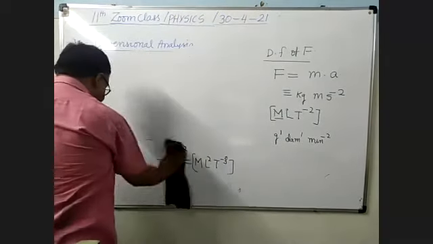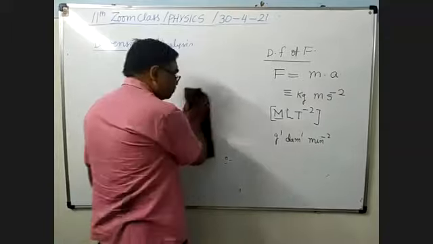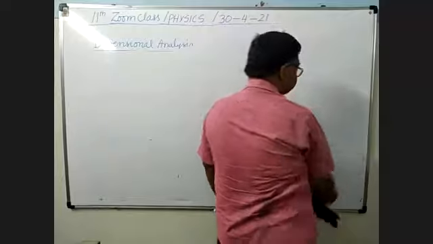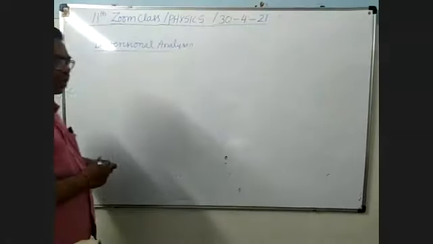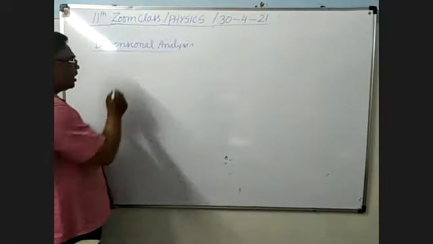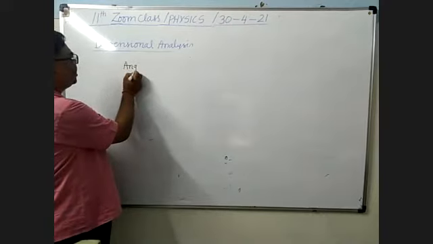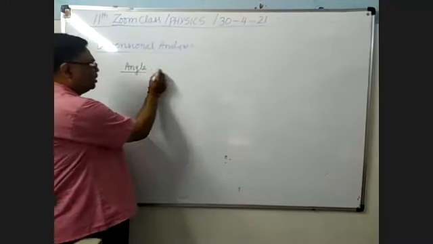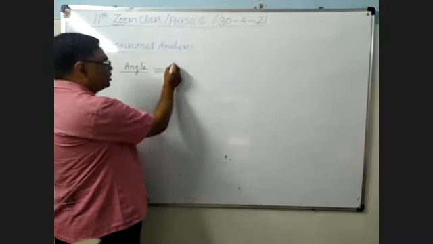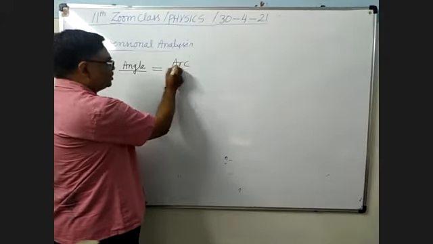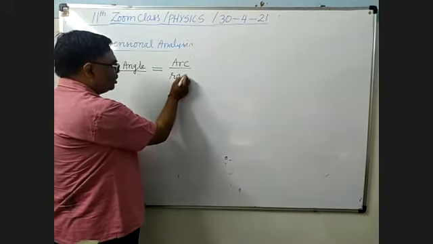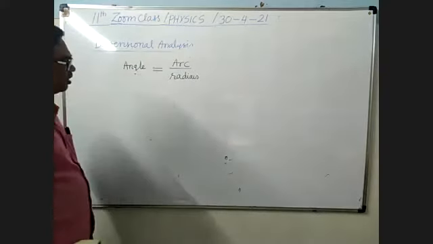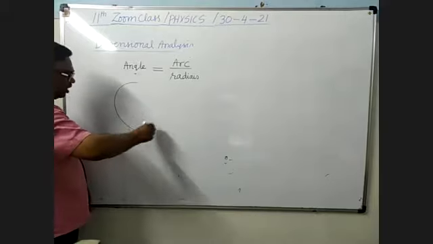Now see here, I have taken angle. What is the formula of angle? It is arc upon radius. Clear? This is the formula of angle. Means how will you find angle?